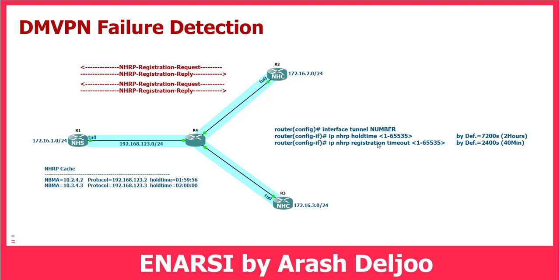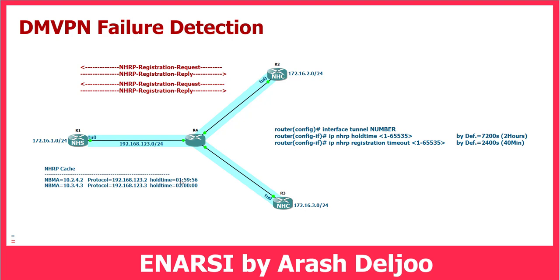By default, the timeout is equal to 1/3 of the hold time. Because the hold time is 7,200 seconds, we are sending one registration request again every 2,400 seconds, which is 40 minutes.